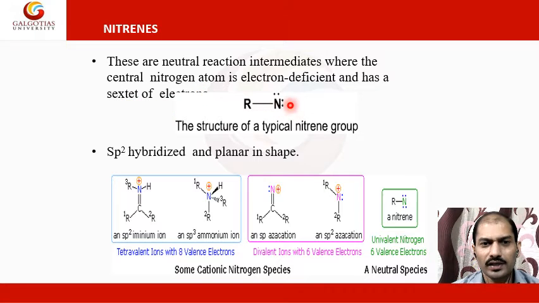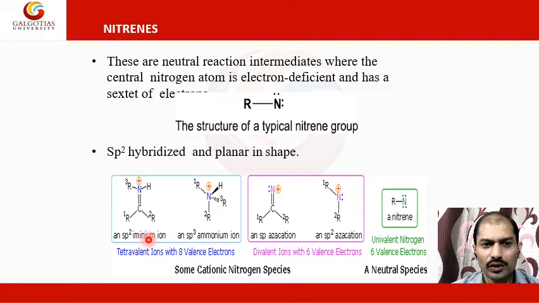It means there are 6 electrons in the nitrogen species. You can see here 2, 2, 2 and 1 having the covalent bond. This is the typical structure of a nitrene. Here it is sp2 hybridized and planar in shape.